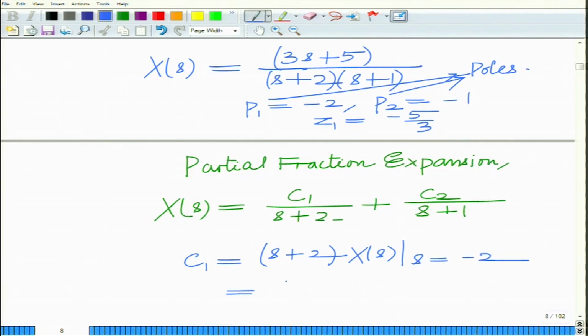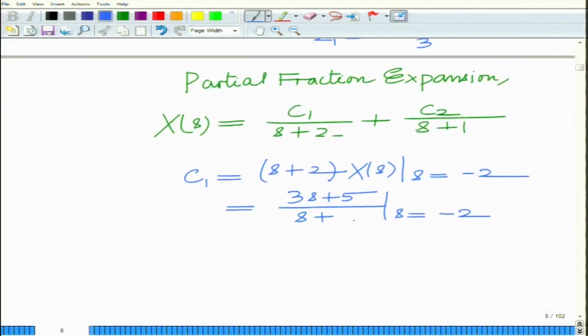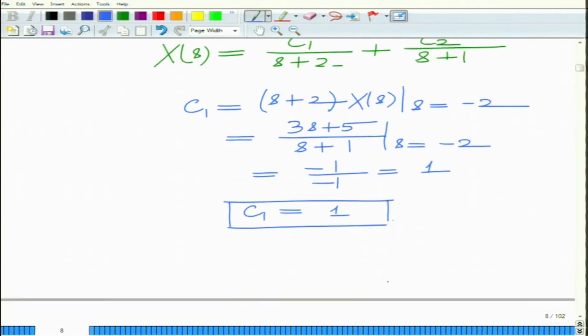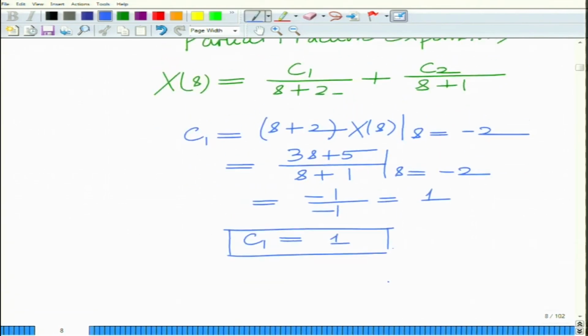That is 3s plus 5 divided by s plus 1 evaluated at s equal to minus 2, that is minus 1 divided by minus 1, which is equal to 1. Therefore, C1 is equal to 1, the coefficient corresponding to the pole P1 equals minus 2.